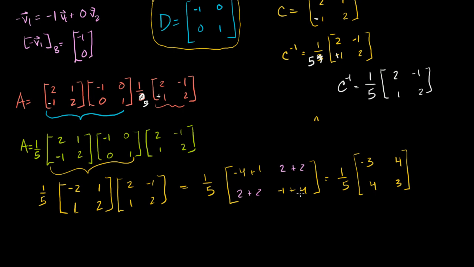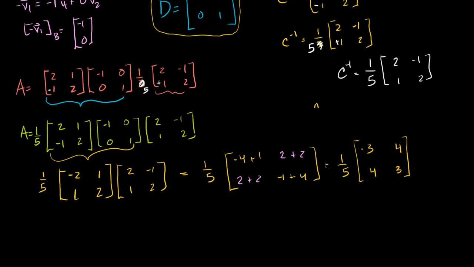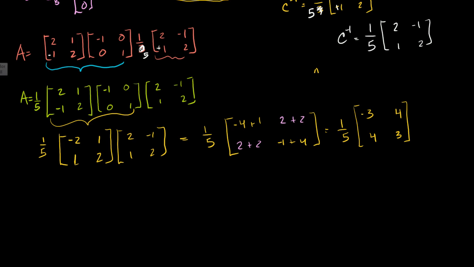Minus 4 plus 1 is a minus 3, and then a plus 3. You can imagine when you deal with matrices, the arithmetic is what will trip you up. So your matrix A, contrary to what I found a few minutes ago, is equal to minus 3/5, 4/5, and then 4/5, 3/5.